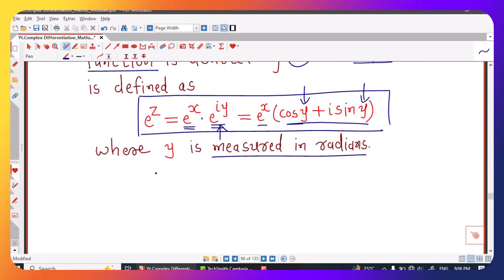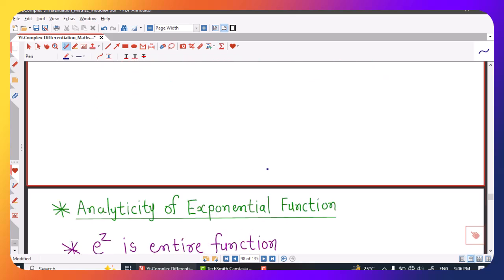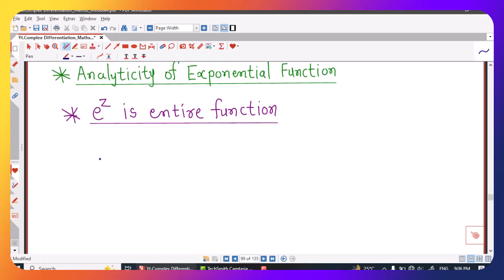Now we prove that this complex exponential function is analytic everywhere in the complex plane, or we can say that e raised to z is an entire function. That is easy to prove. We are familiar with the method of proving the analyticity of a given complex function. So here our function is e raised to z.